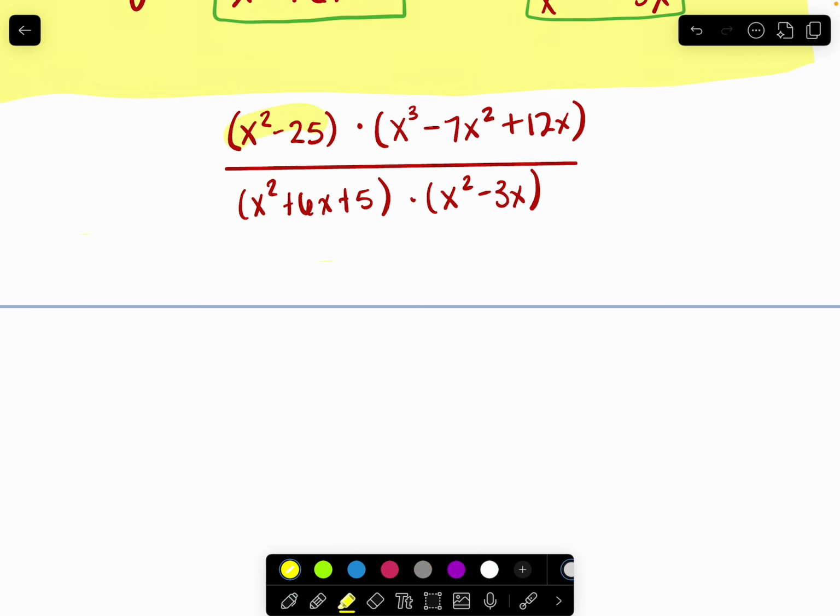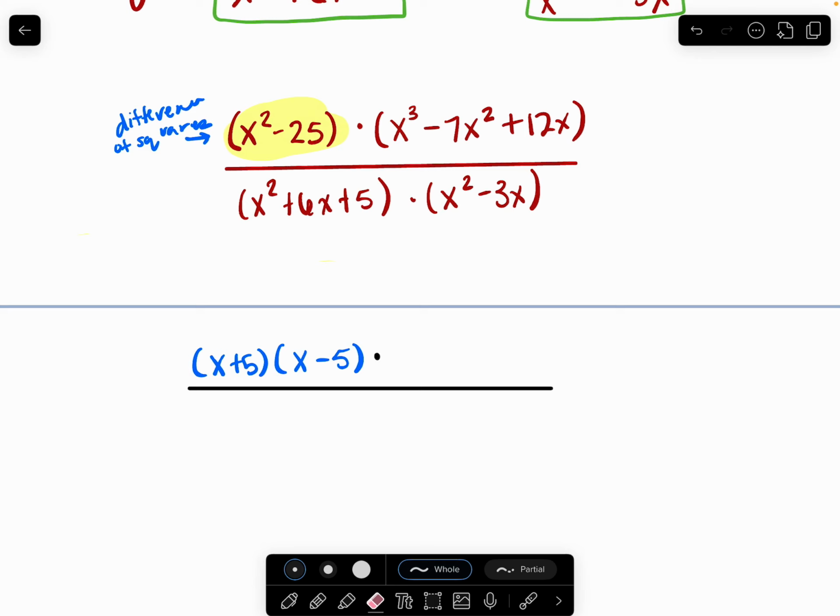I'm going to highlight this here. We know this by difference of squares. We know that one is x plus 5 and x minus 5. Okay, times.